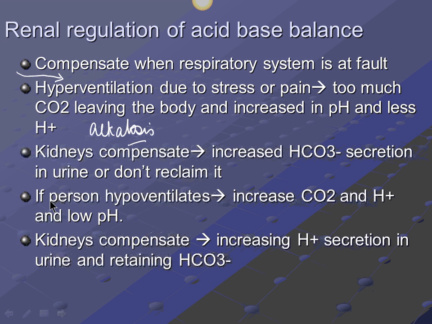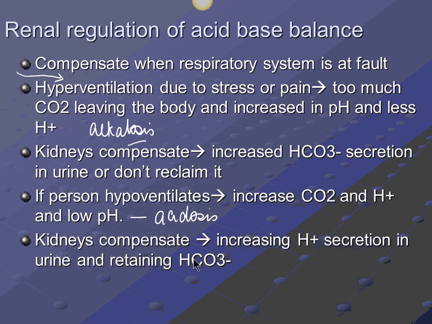If on the other hand, in the respiratory system, the person hypoventilates, so there's increased carbon dioxide and hydrogen ion retention in the blood, so there is a low pH, which means in this case there is an acidosis, and this would be of respiratory origin. So there is acidosis. So what the kidneys can do is they cause hydrogen ion to be secreted into the lumen and passed out in the urine, and they retain bicarbonate. So therefore here they again bring the pH back to normal.